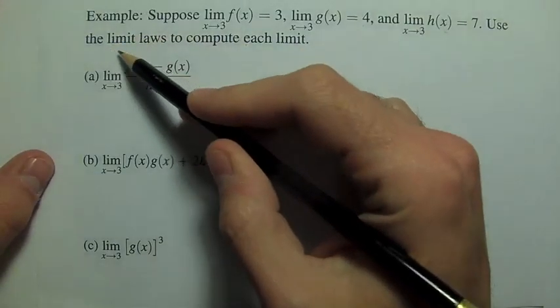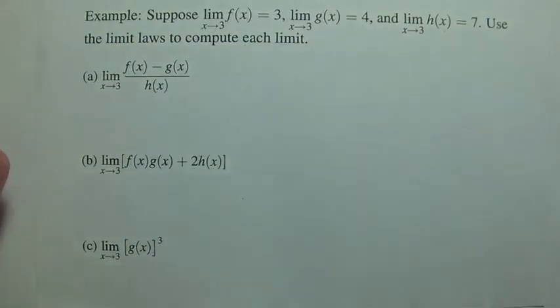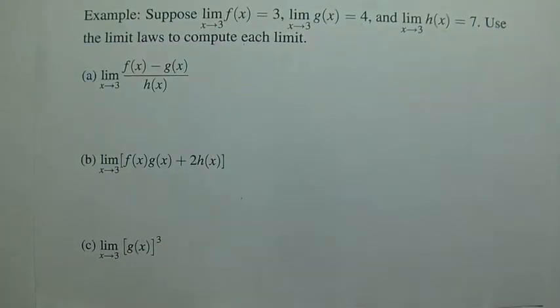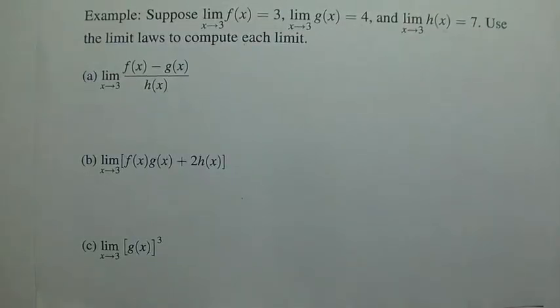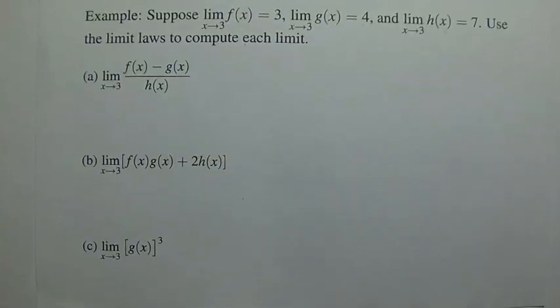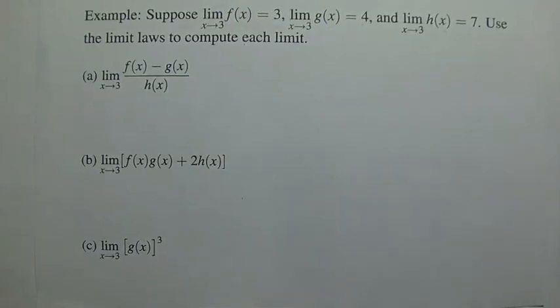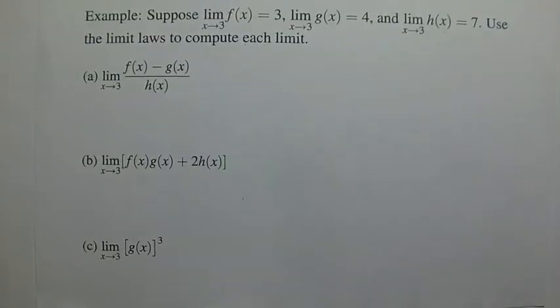So we're going to use the limit laws to compute each limit. For this first one, I'm definitely going to take this step by step, step by grueling step. You don't usually have to do this, and in fact, in the next couple examples, I won't. But for this very first one, I want to show you how each limit law is used.